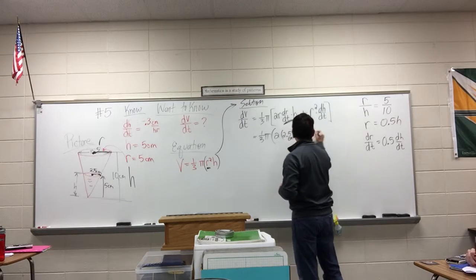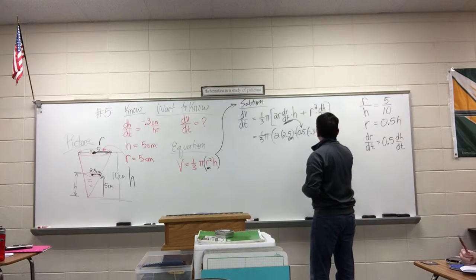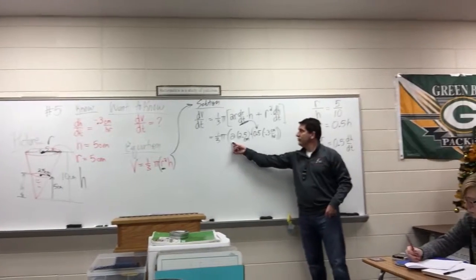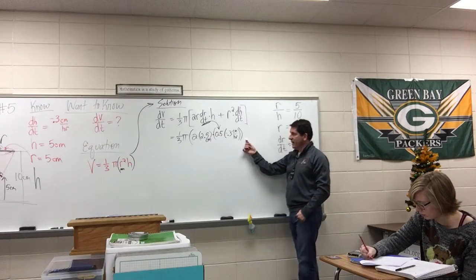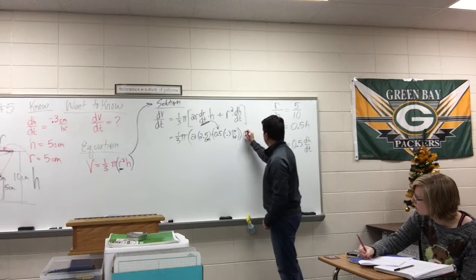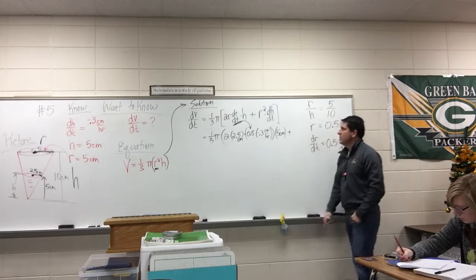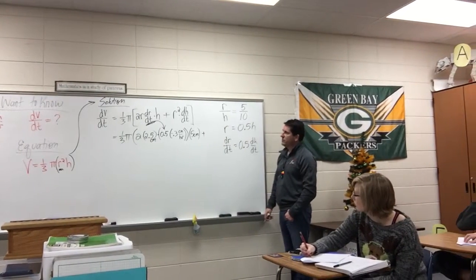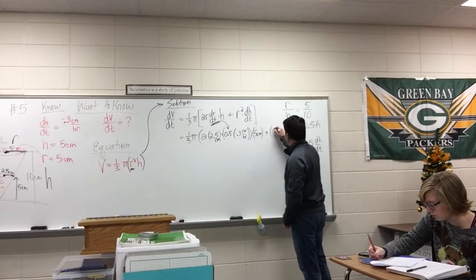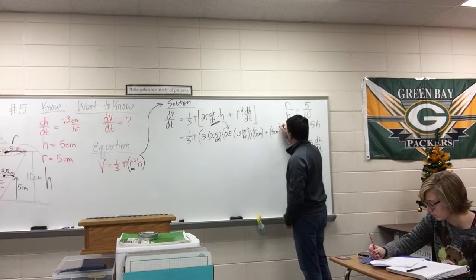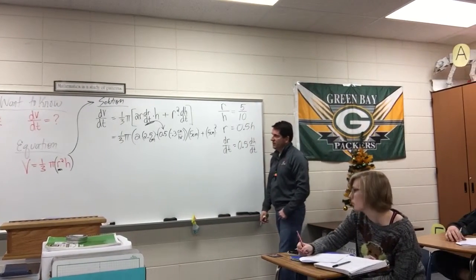This was centimeters per hour. 2 times radius times dr dt times h, and h was 5, plus r squared, which is 2.5 centimeters squared times dh dt.